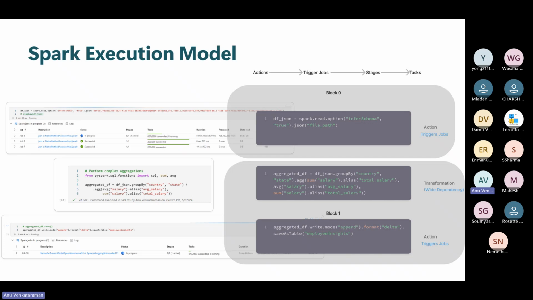So that is called wide dependency transformation, and that is what we call shuffle. If the data is being exchanged between the executors to come up with the final result, that's what we call shuffles.